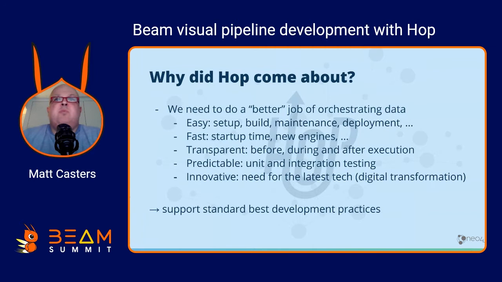When new technology pops up, we want to be there. And obviously, this is why Beam is important to our project. We want to be transparent before, during, after execution. See what's going on. And predictable unit testing, integration testing. These are things that we want to provide for the data orchestration solution. And obviously, we want to play in the digital transformation space, so we need the latest technology.